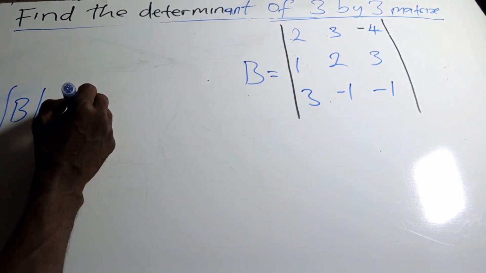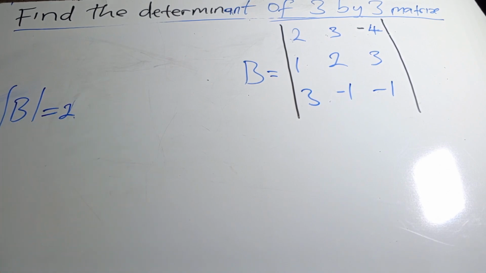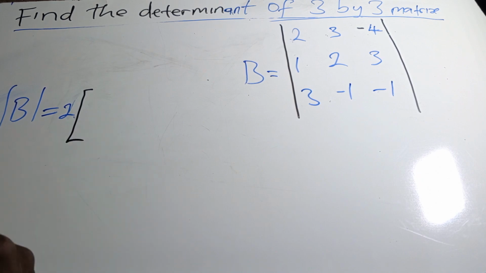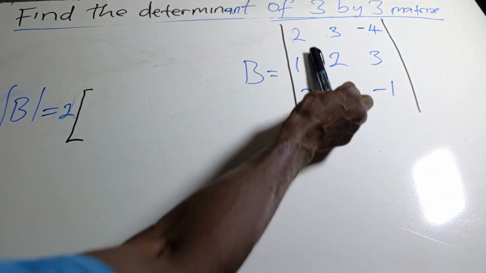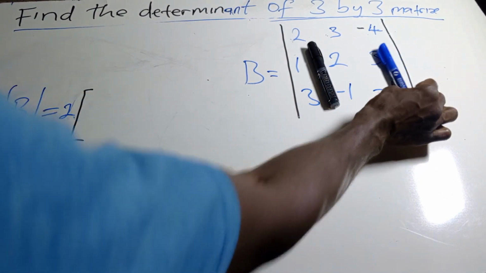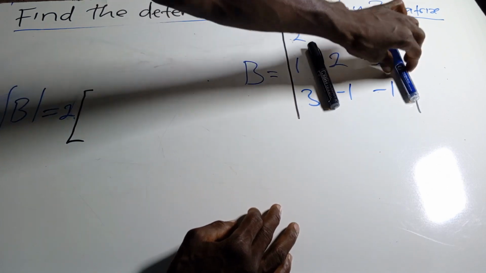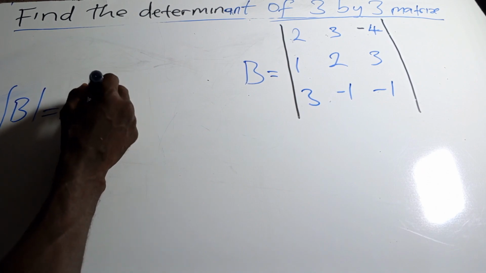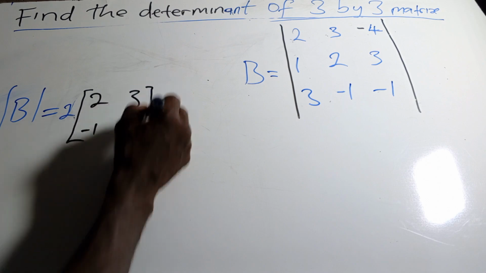When we take 2 outside the brackets, then we're going to take these numbers that are not in line with the 2. Therefore, we take these 4 numbers that are not in line with the 2 to form another bracket. That is, we take 2, 3, minus 1, minus 1.